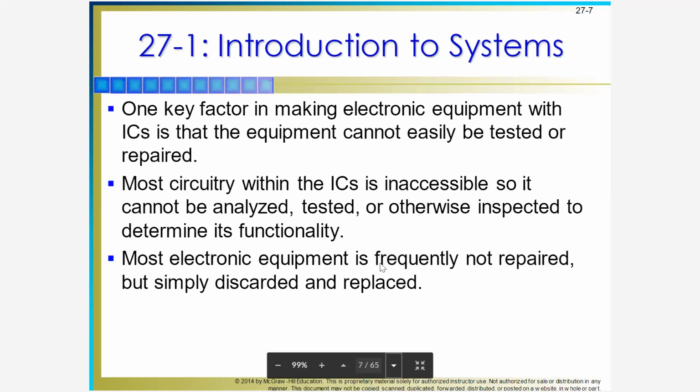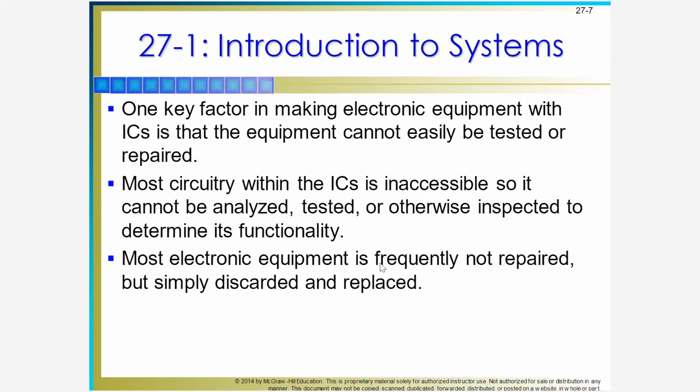One key factor in making electronic equipment with IC is that the equipment cannot easily be tested or repaired. Most circuitry within an IC is inaccessible, so it cannot be analyzed, tested, or otherwise inspected to determine its functionality. Another characteristic of IC: most electronic equipment is frequently not repaired but simply discarded and replaced.